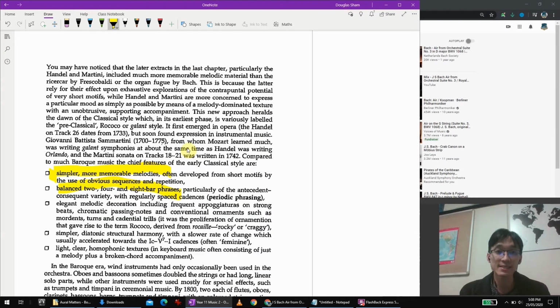An antecedent, a question. The second half is based on that. The consequent is a sequence, a step down, and then the phrase settles there. So that's an example of how melodies are designed, and often the cadences finish the section, which is kind of nice. You get breaths.